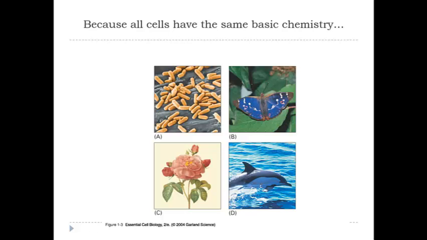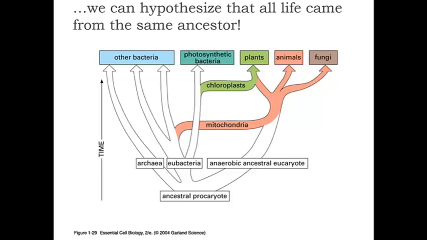Inside of the cell, there are some very common mechanisms that occur, including the breakdown of food to produce energy and the consumption of that energy to build the molecules that make up the parts of the cell as well as the inner workings of the cell. So this similarity is really important in our understanding.